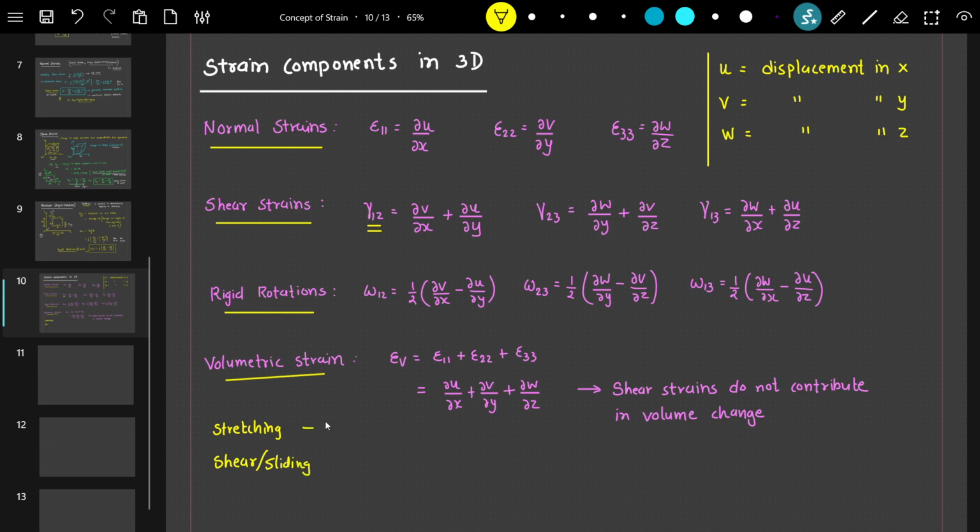So stretching is normal strain, this is shear strain, and there is another deformation mode, that is volumetric compression or volumetric expansion. So we can say volumetric change.